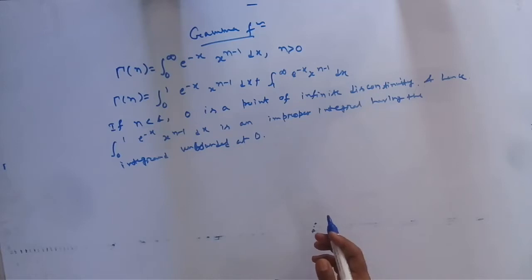So therefore we test convergence at 0 when n is less than 1.